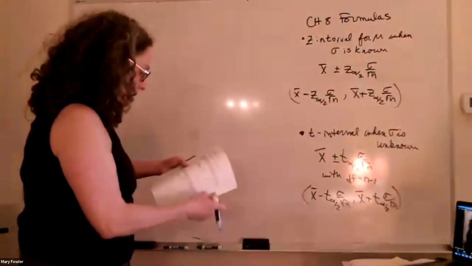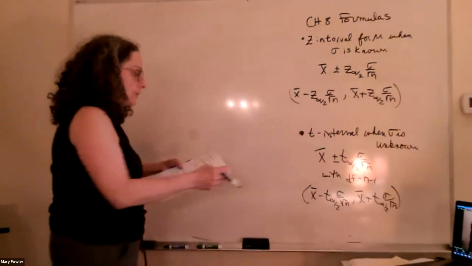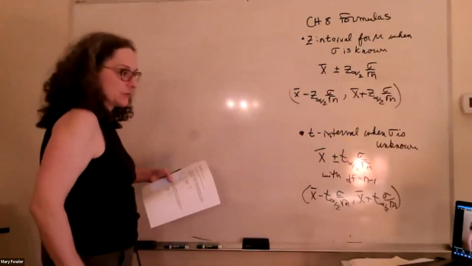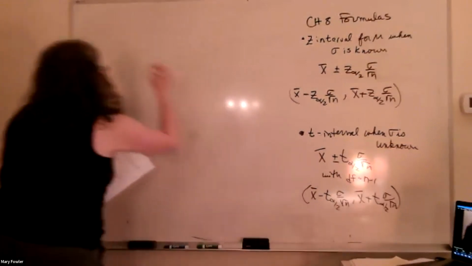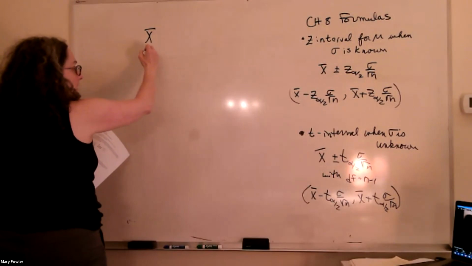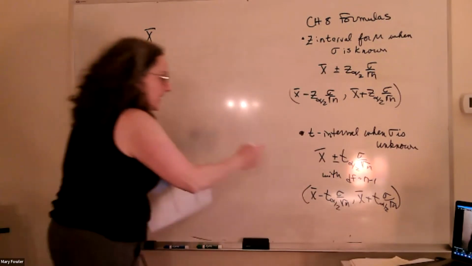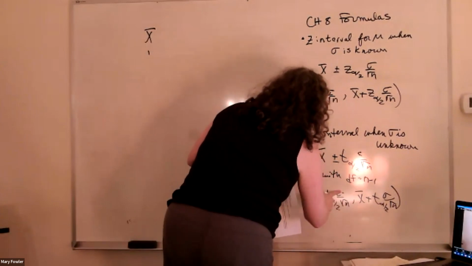Okay, and so we decided that for the problem about the weight of apples, we were going to use the t-interval procedure. So I'll go ahead and pull out the values that we need. So we need an x bar. Oops, actually, guys, this should be an S. Sorry about that.